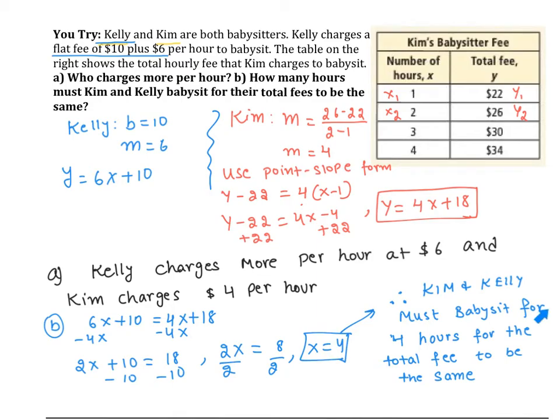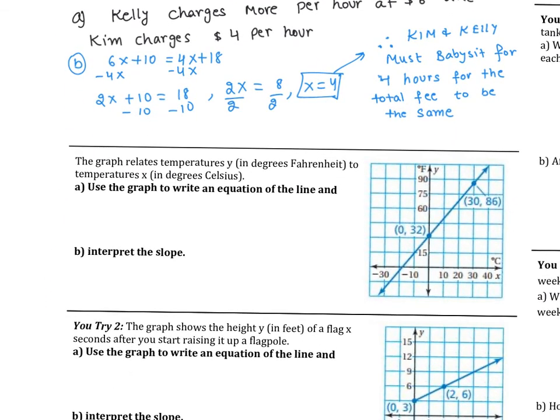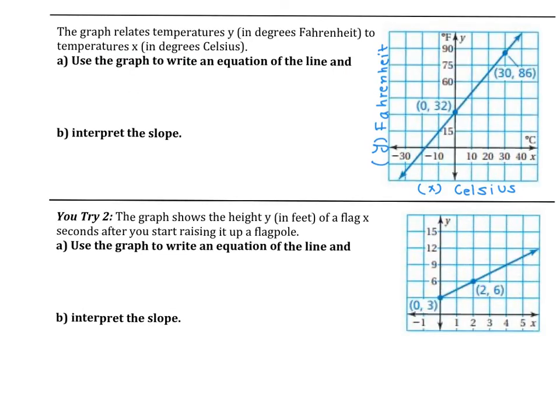Now let's look at the problem on the bottom here. The graph relates temperature y in degrees Fahrenheit to temperature x in degrees Celsius. Use the graph to write an equation of the line and interpret the slope.